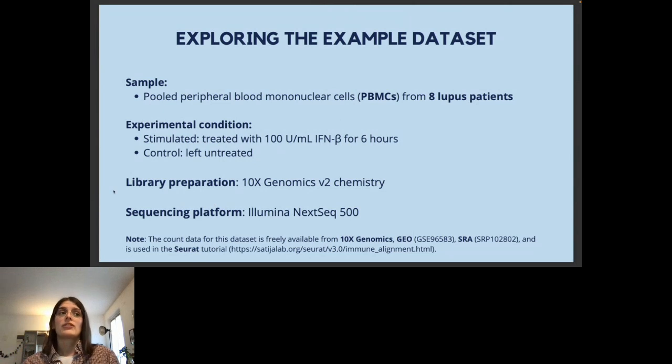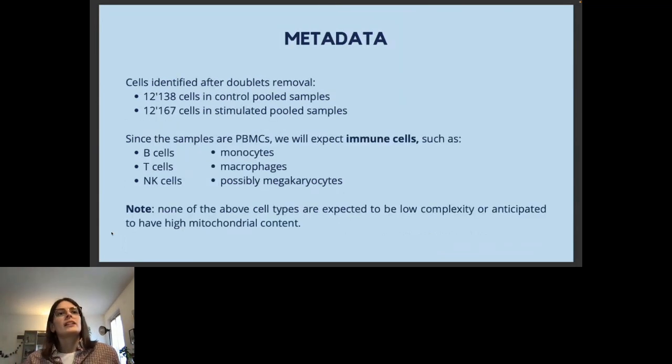The library preparation is 10x Genomics, the one we saw, and one of the most popular ones. These libraries were sequenced on the Illumina NextSeq 500. Here I left you some references for the GEO and SRA databases, so if you want to download the raw data from this publication, you can. And some metadata regarding this.